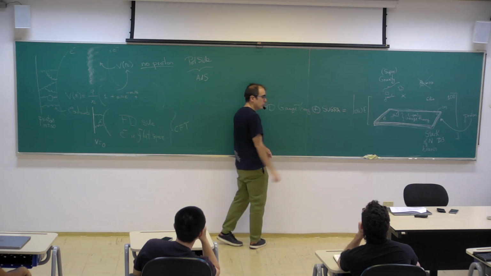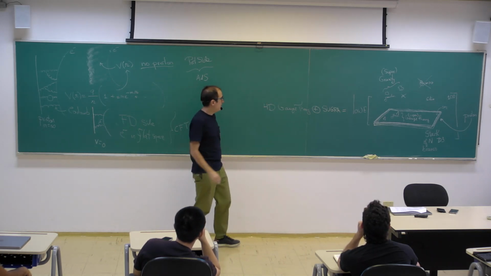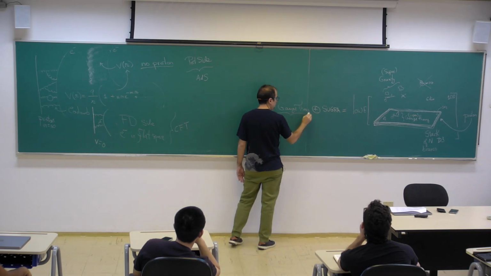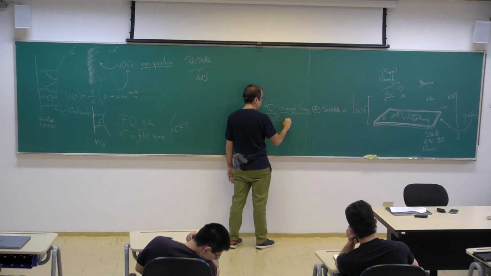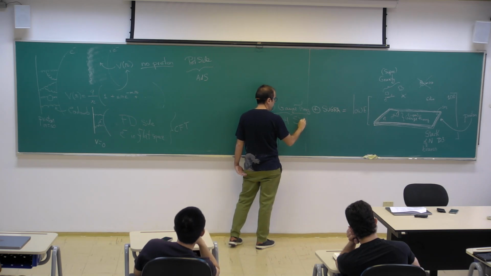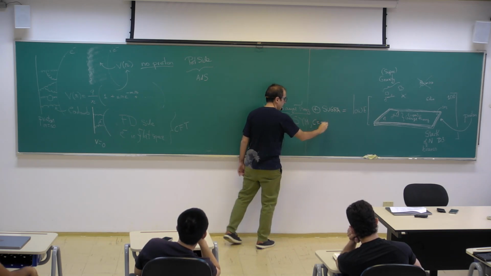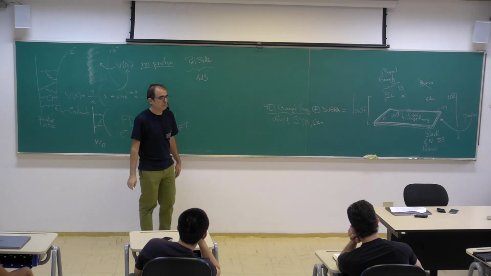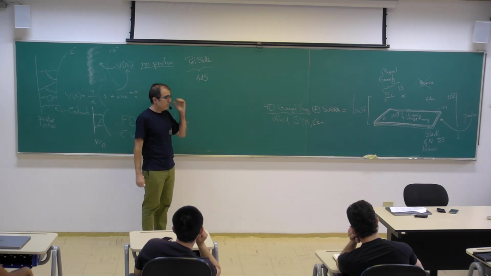Because we decided to put D3 branes, so the degrees of freedom are on the plane. And that 4-dimensional gauge theory, with that amount of supersymmetry, is called n equals 4 super Young-Mills, which is a CFT. It's a conformal field theory. And that describes low energy massless degrees of freedom.